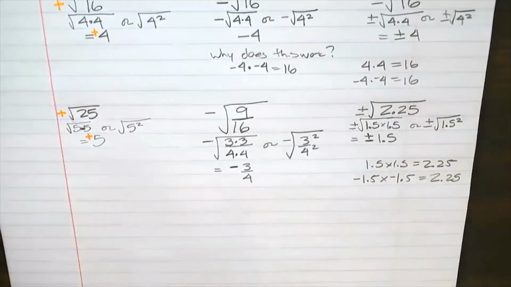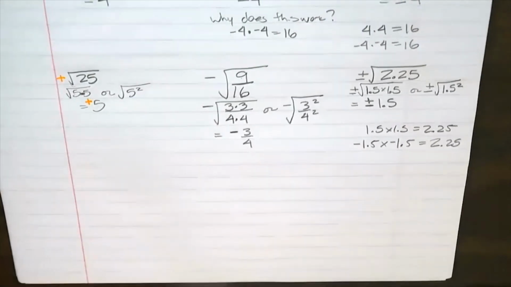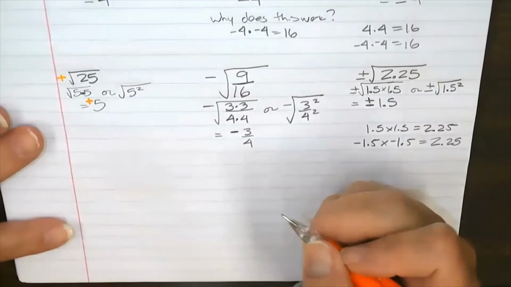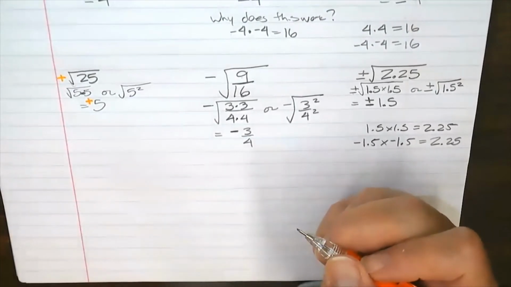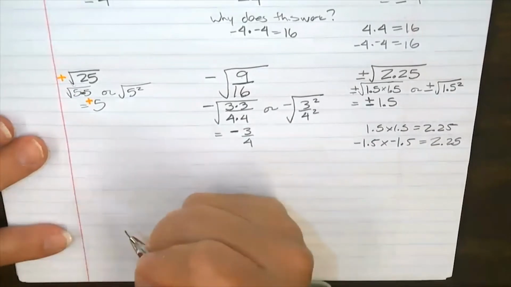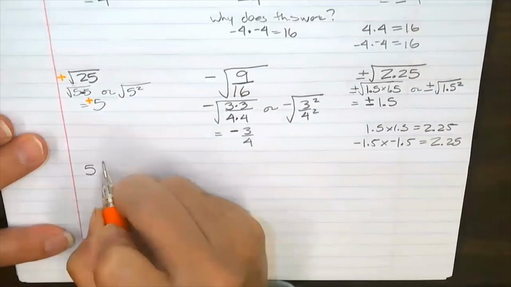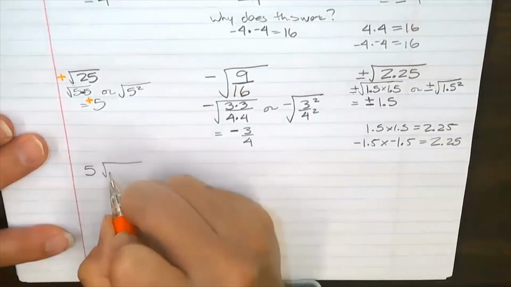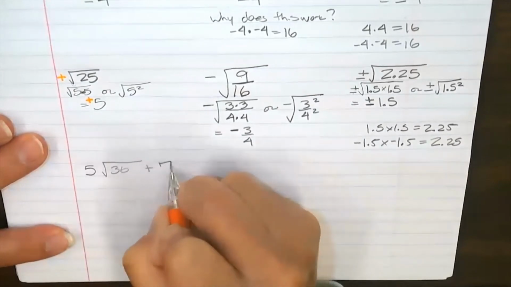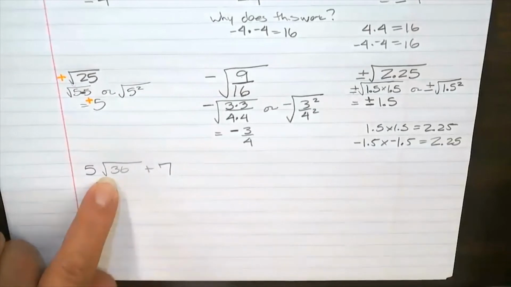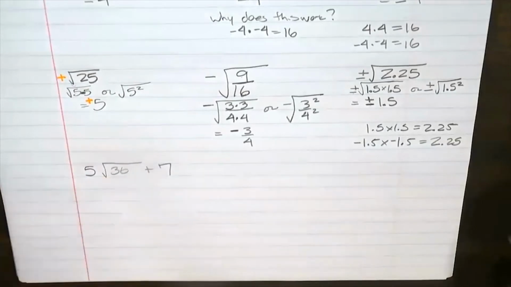Okay, so let's take this one step further. We have 5 times the square root of 36 plus 7. Now, when we're working with square roots, it's kind of like parentheses.